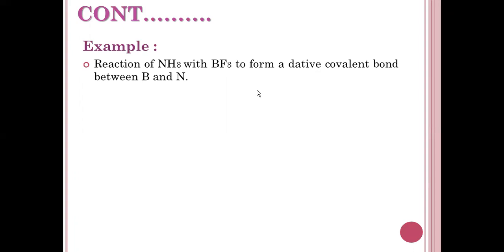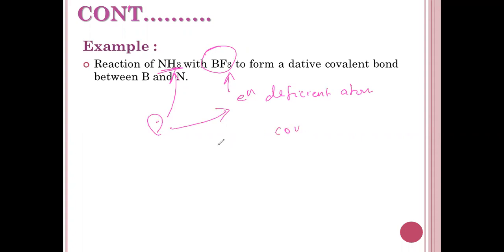So here, the boron should be the electron deficient. And the nitrogen, which is a group 5 element, has the extra lone pair to provide to the electron deficient atom to form the dative covalent bond.